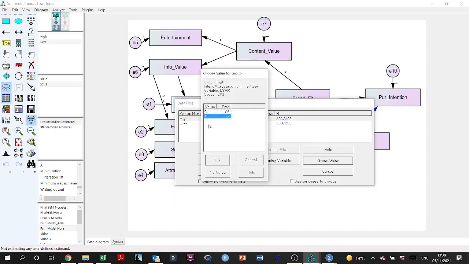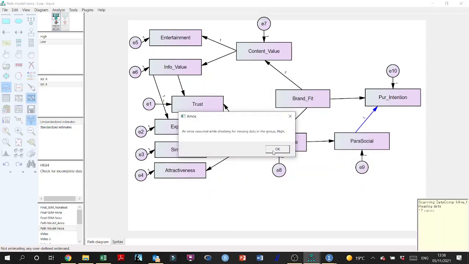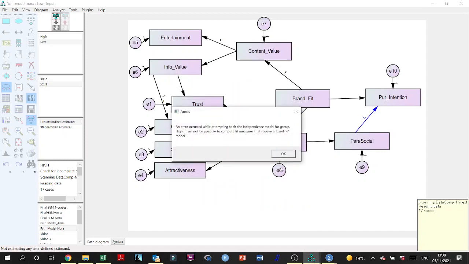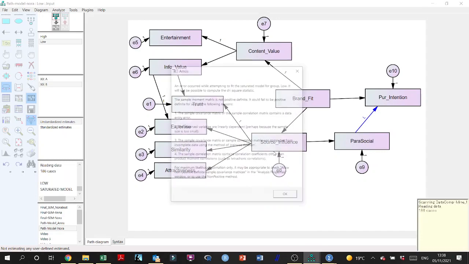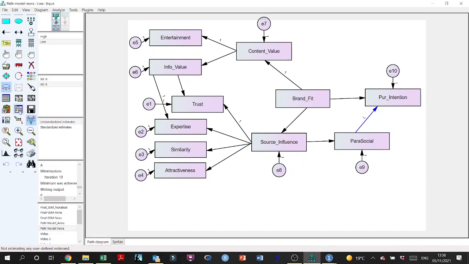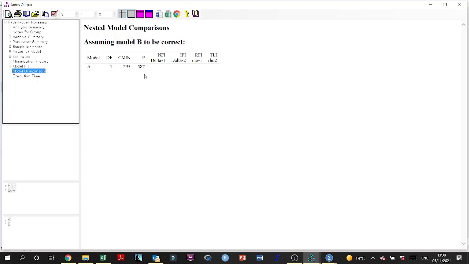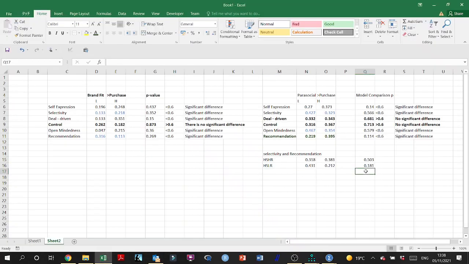This is high, so it should be 1. This is low, so it should be 0. And we are ready to rock and roll. 587, almost there.